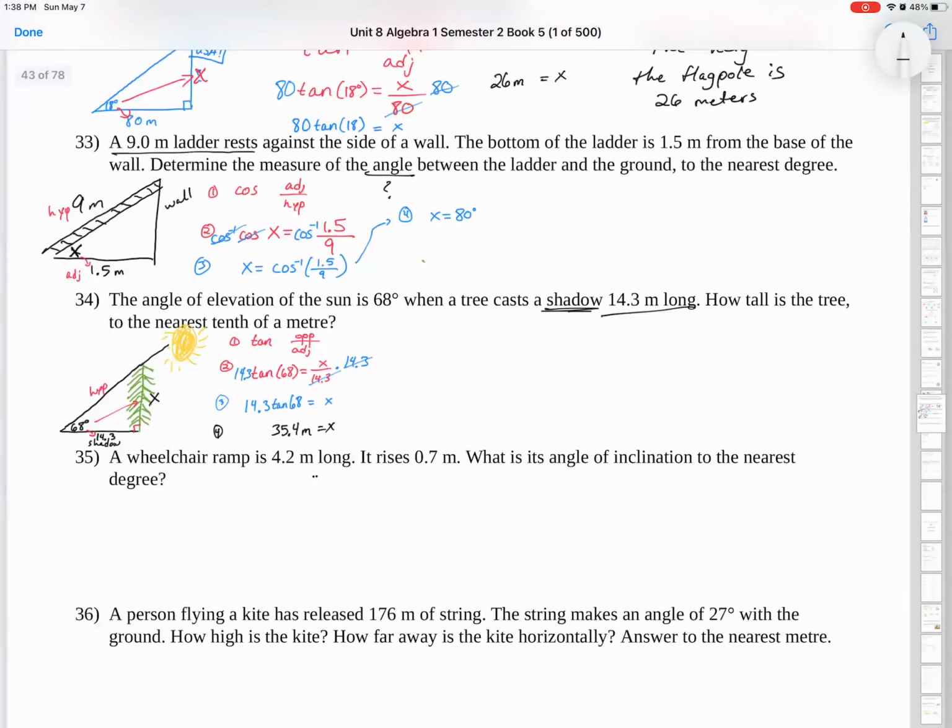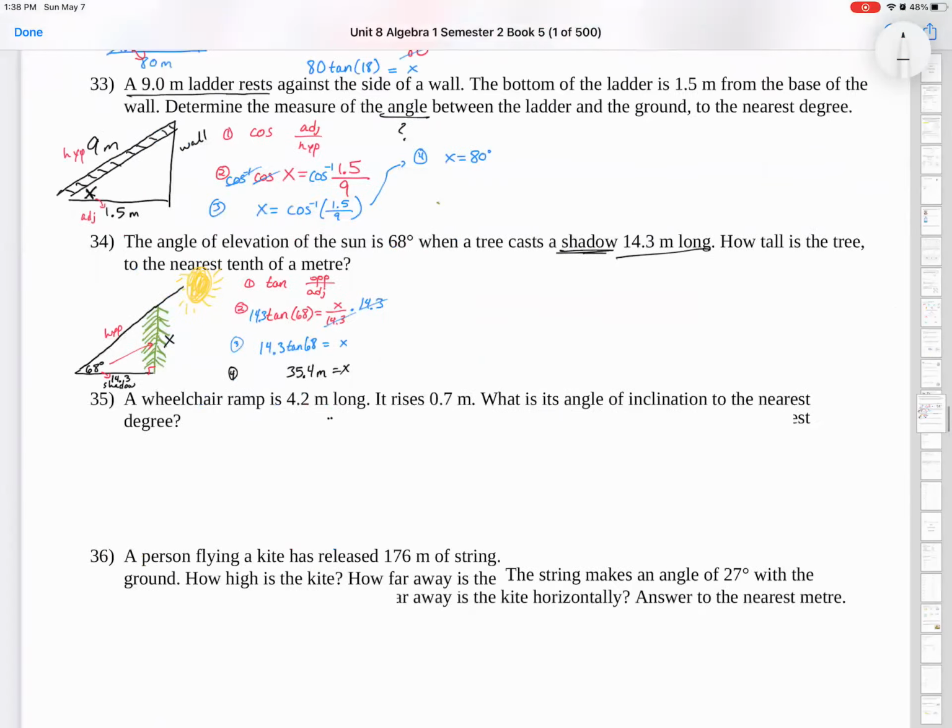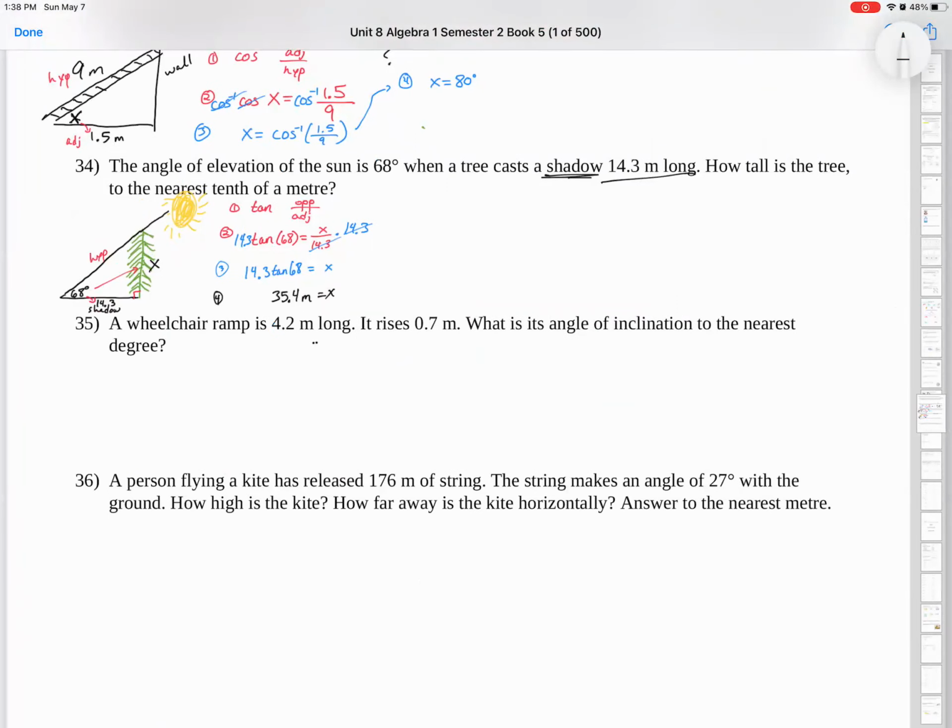All right. So guys, we're not going to do the 35 and 36 because essentially, guys, I do want you to get some reps with it. I am going to say though, for 36, it does ask two questions. And again, 35 deals with a wheelchair ramp.